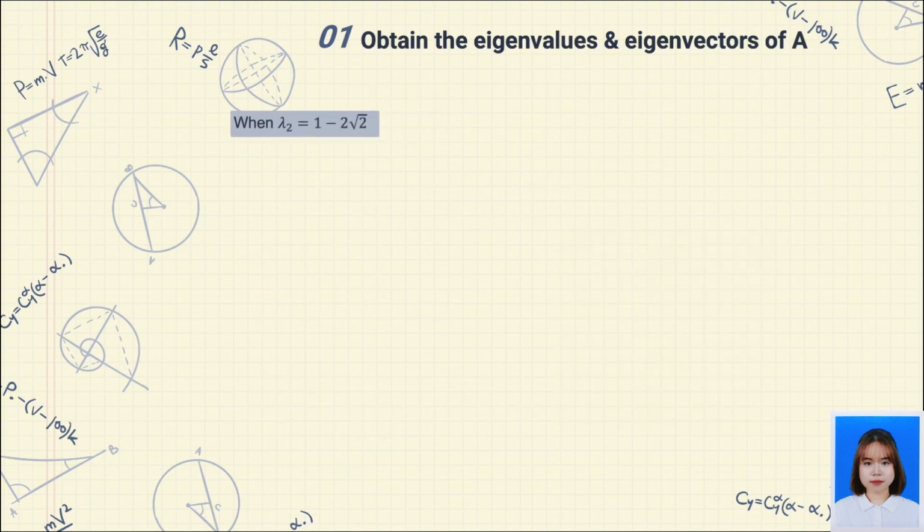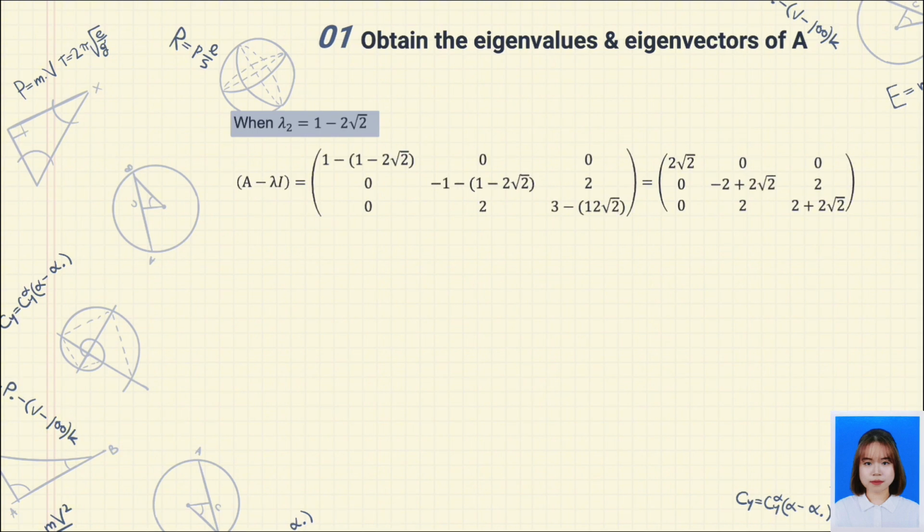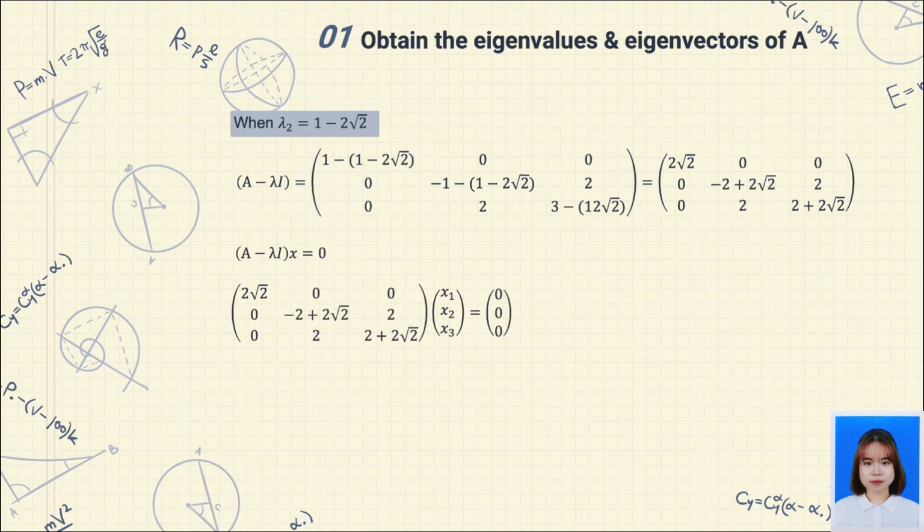Second, we let lambda equal 1 minus 2 square root 2. A minus lambda I is equal to square root 2, 0, 0, 0, negative 2 plus 2 square root 2, 2, 0, 2, 2 plus 2 square root 2. Let A minus lambda I times x equal 0.